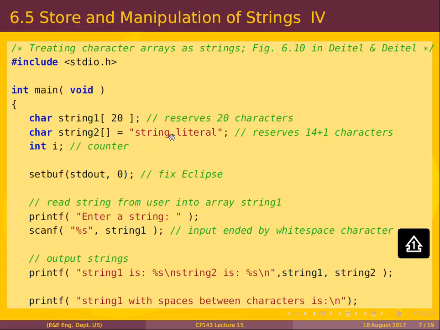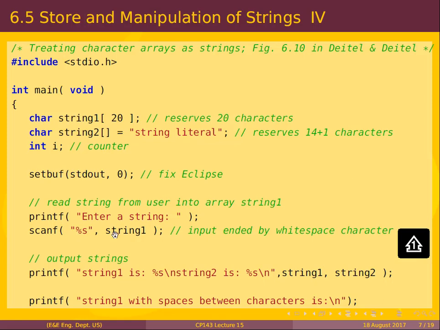Just call it string literal. And how big is this string 2 character array? Now, as I said in the previous slide, it is all of these characters plus 1 for the null terminating character. Okay, so I'm just going to use a temporary variable here, and setbuf just fixes everything for output.